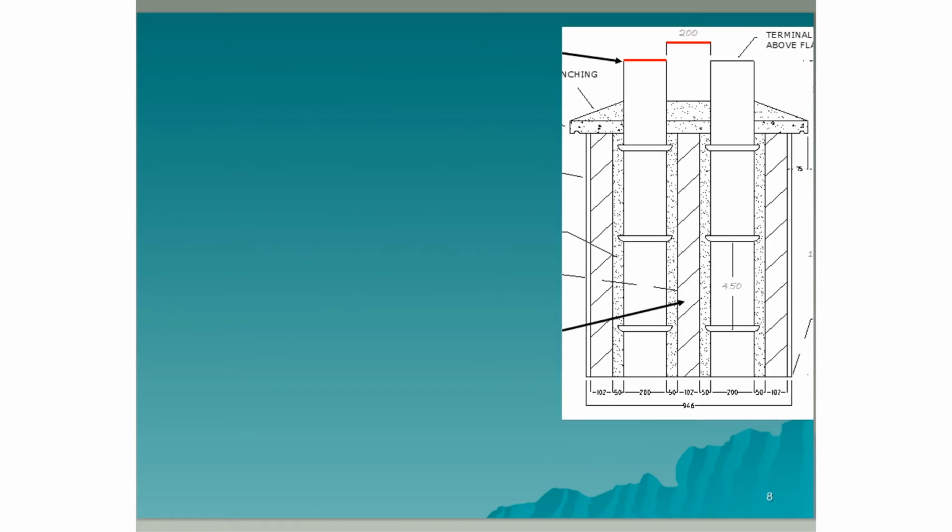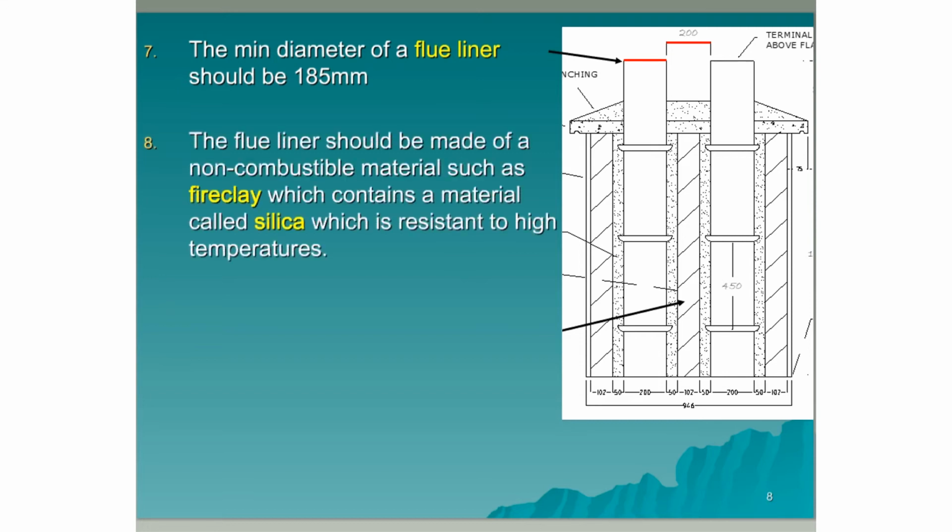This is a sectional view of a chimney stack. The minimum diameter of a flue liner should be 185 millimeters. The flue liner should be made of a non-combustible material such as fire clay, which contains a material called silica, which is resistant to high temperatures.